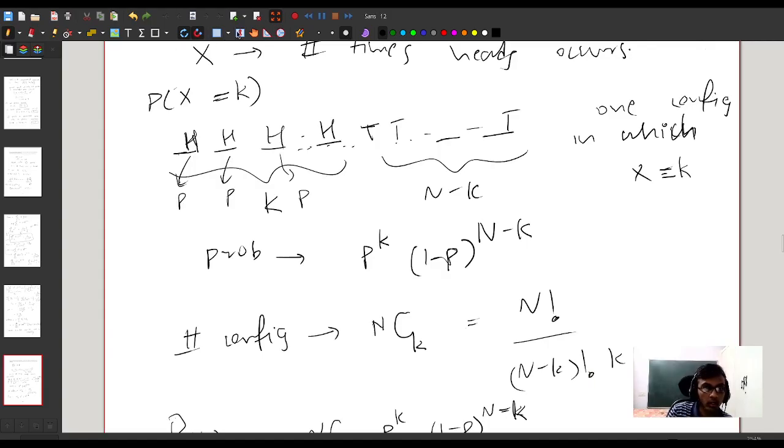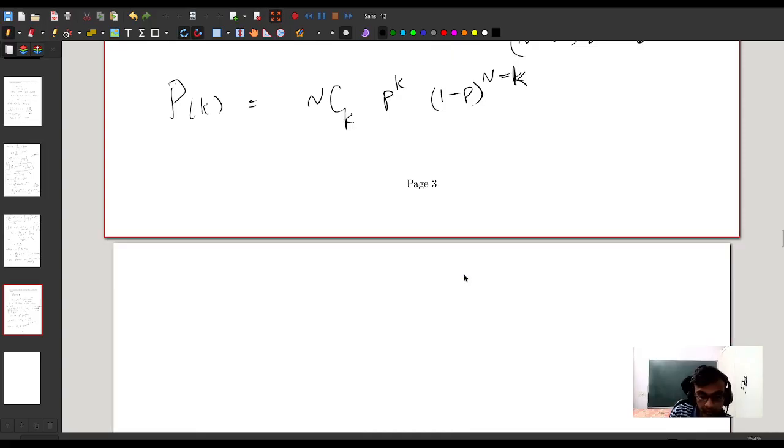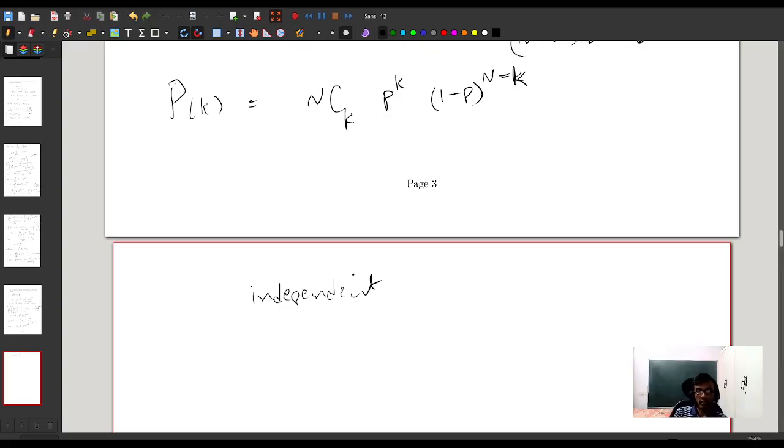So we have to calculate the mean of this distribution. First of all, before doing the calculation, we can try to guess what the answer should be. Since these are all independent events, and the probability of falling heads is p, we naturally expect the number of heads to be p times n in the limit n going to infinity.